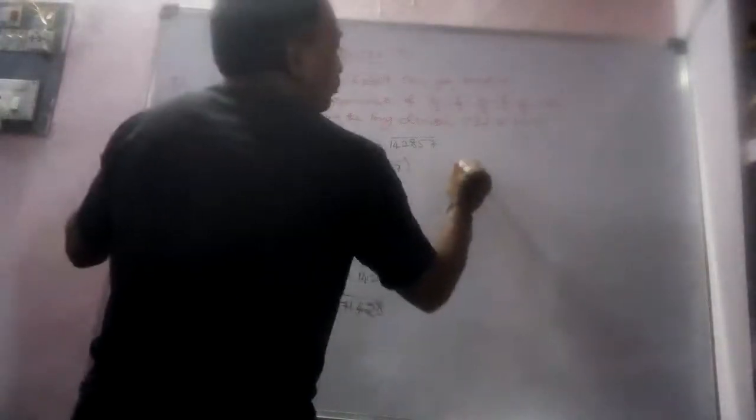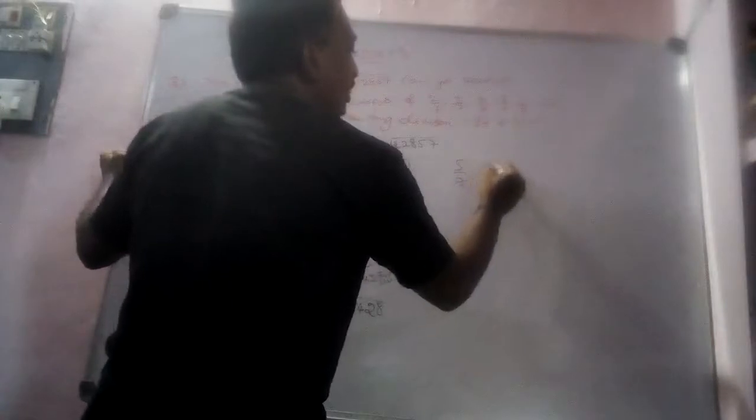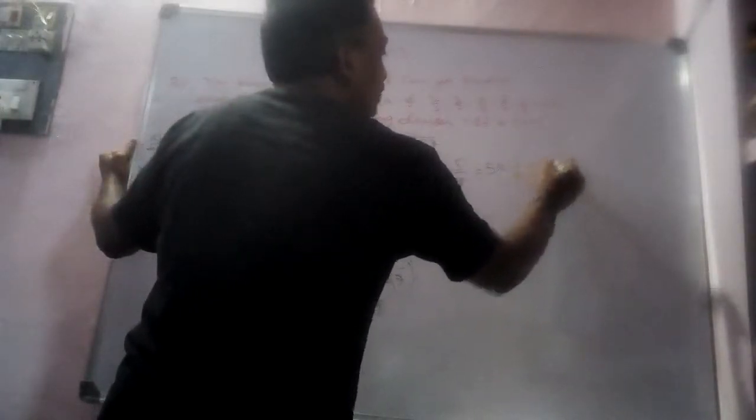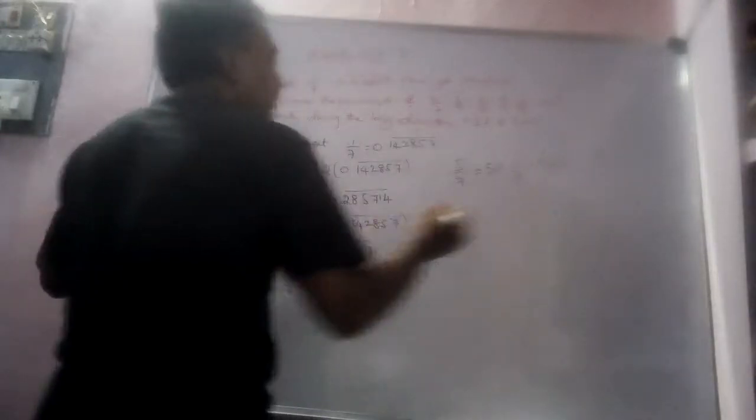Next, 5 by 7 equals 5 into 0.142857 bar.